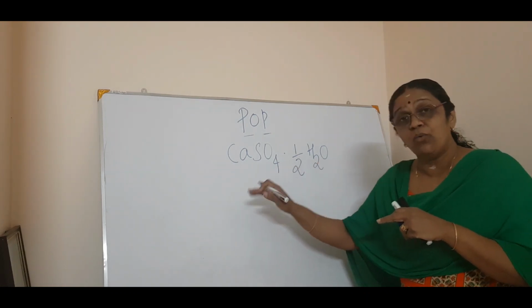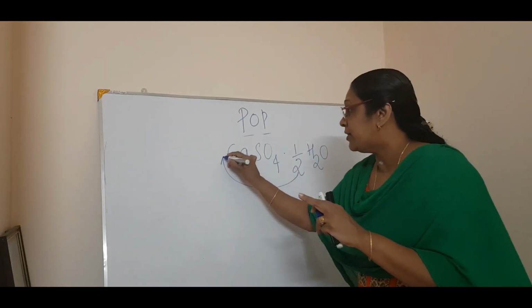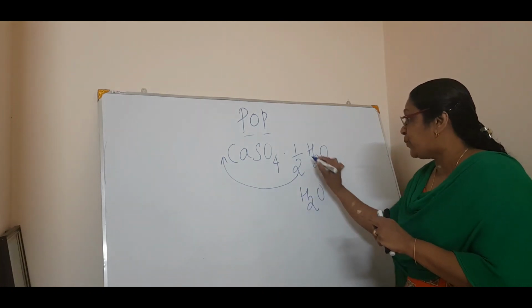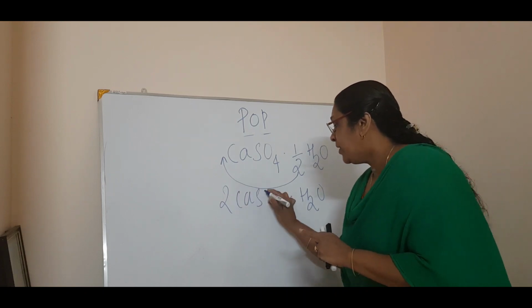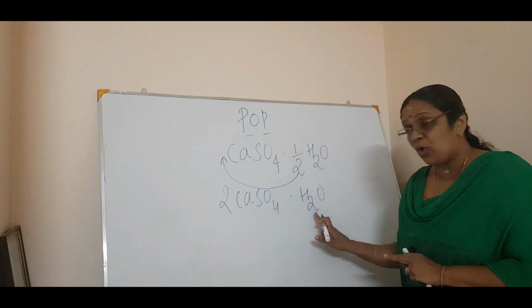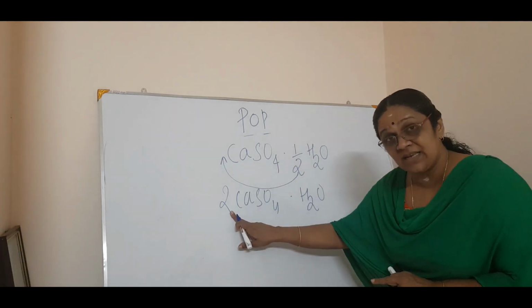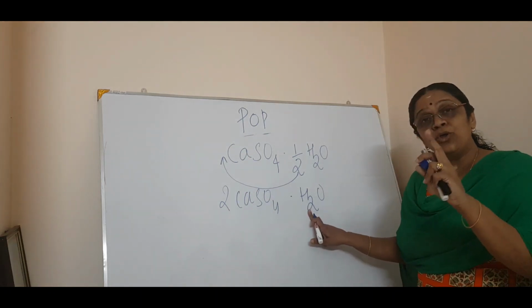That is why practically you cannot have half a molecule. Now practically how will we write? Listen, it's very important. You can't write half, so you have to write 1. So if it is 1 H2O, this 2 will come here. So practically speaking, you can write it as 2 calcium sulfate dot H2O. What this means is, listen carefully, for 2 calcium sulfate, 1 molecule of water is there.